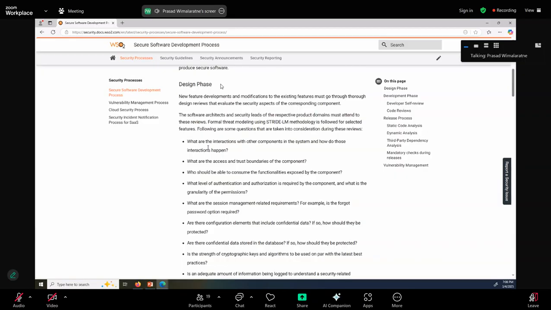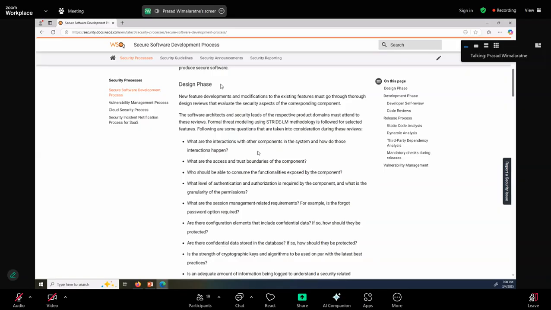What are the interactions with other components or other application building blocks through web services or middleware, and how will those interactions happen? Because sometimes, when you look at airline ticketing systems, some of the components of the application may be sitting on legacy applications like IBM AS400, RPG 400 or whatever.